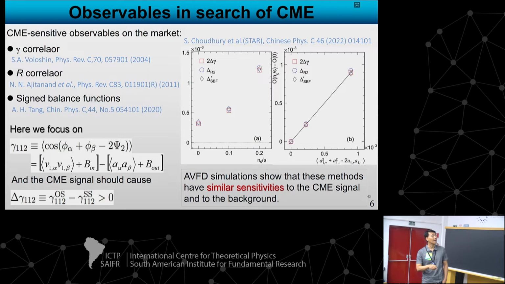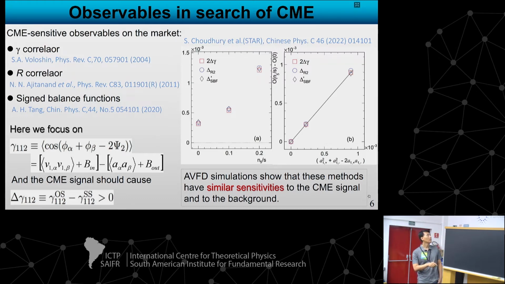The x-axis on the right figure is the true signal, the input for the model. You see the observables increase linearly with the signal, and they overlap with each other. So the three observables have the same sensitivity to the signal.